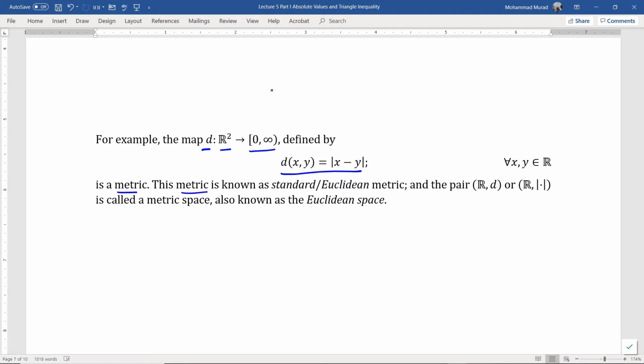This metric is known as the standard or Euclidean metric, and the pair R comma D, or R comma the absolute value map, is called the metric space, also known as the Euclidean metric space or simply Euclidean space.